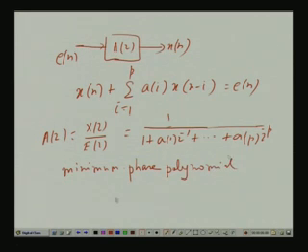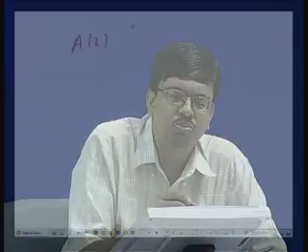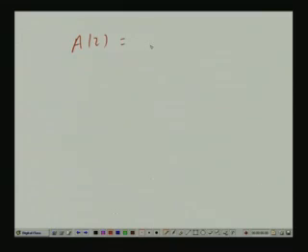Okay. For that, given AZ, I factorize it. What is the order of AZ? P. So, there will be P first order factors. The roots can be complex, I agree, but they are all first order factors. Now, out of that, take out one particular factor that has a root at say q.